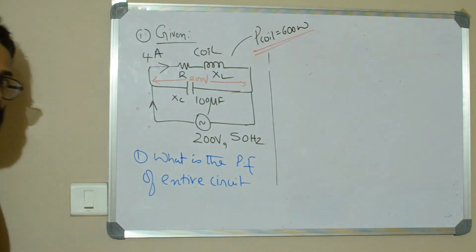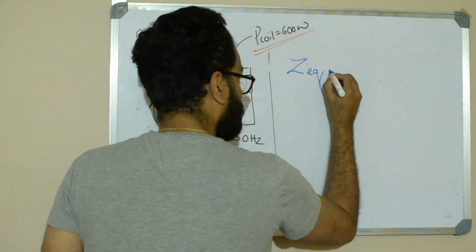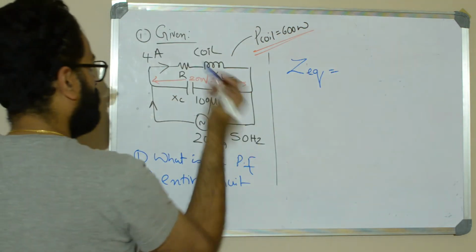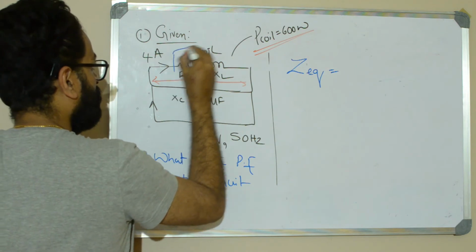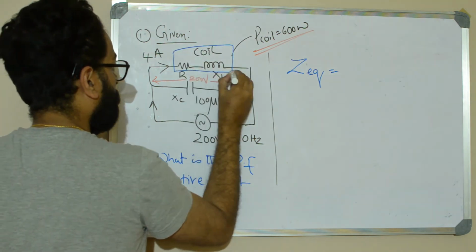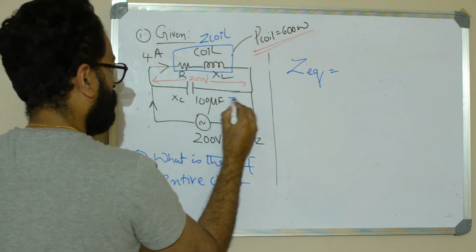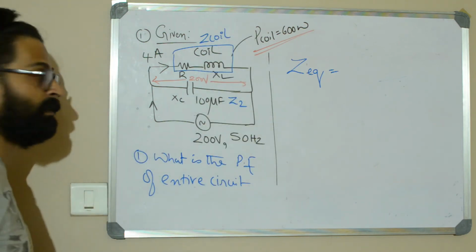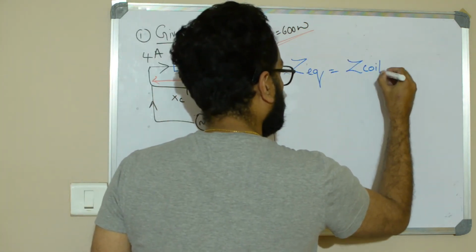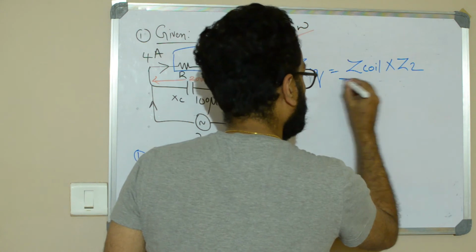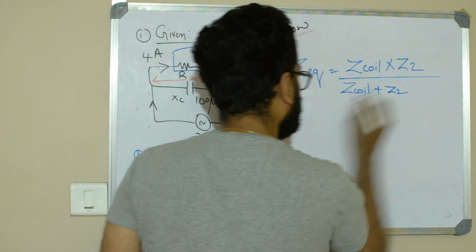In order to find the power factor of the entire circuit, you will have to find Z equivalent. Z equivalent is Z coil and Z2 in parallel, so Z equivalent is Z coil into Z2 divided by Z coil plus Z2.